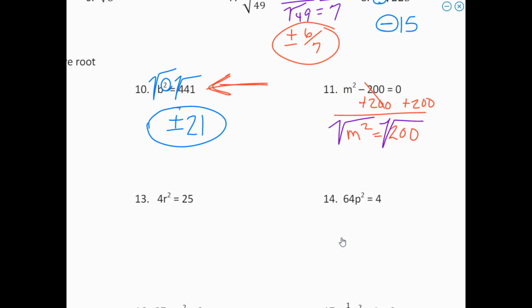No. So what are my factors? 100 times 2. Which one of those is the perfect square? 100. So I list it first just because I know it's the one I'm going to simplify and it's going to come out. So 10 square roots of 2, plus or minus 10 square roots of 2.